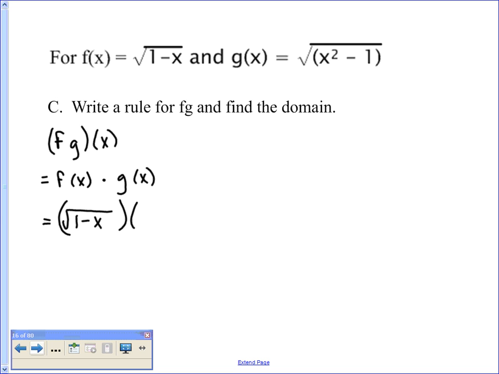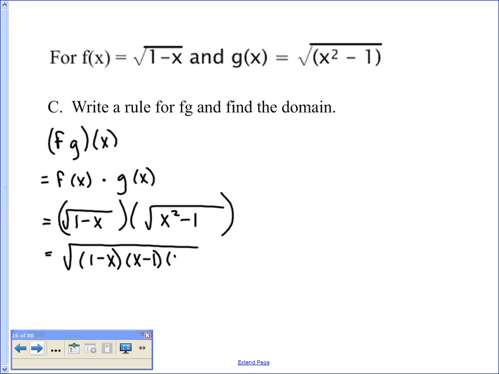We're going to multiply that by our g of x, which is the square root of x squared minus 1. Now this one we can do a little bit of simplifying, because we can combine both of those into one radical, and then we're going to put both of those expressions in. And what I'm going to do is also factor the x squared minus 1 at the same time. It factors as this, because then we realize we're actually going to have pairs that can come outside.